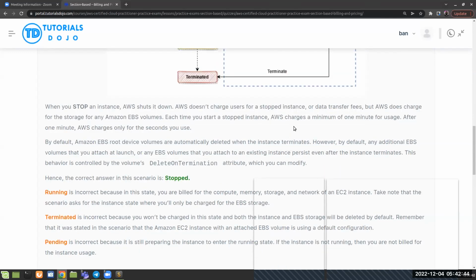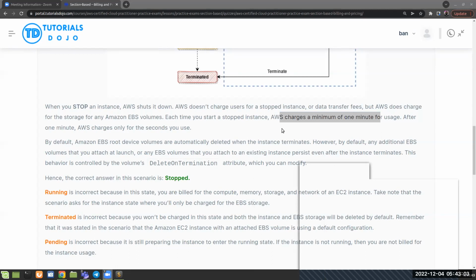Then you'll be forced to pay for it. AWS charges a minimum of 1 minute for usage. After 1 minute, AWS only charges for the seconds you use. So if you start an EC2 instance, even if you run it for 10 seconds, AWS will charge at least 1 minute.